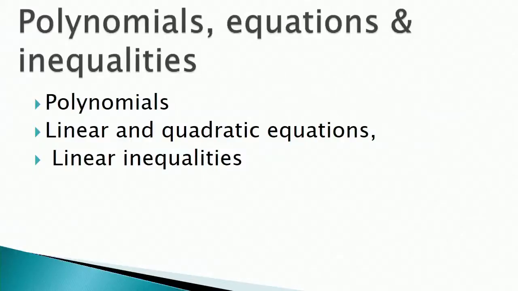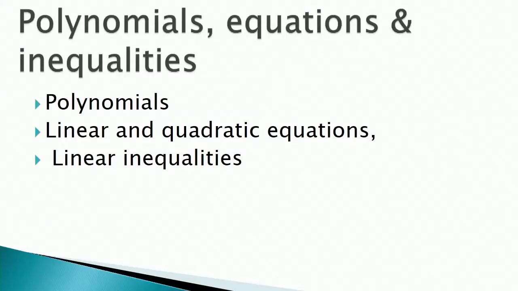When it comes to linear and quadratic equations, for a linear equation, you just use the normal method. For quadratic equations, you can have 3 methods, which are completing the square, factorizing quadratic trinomials, and the quadratic formula.